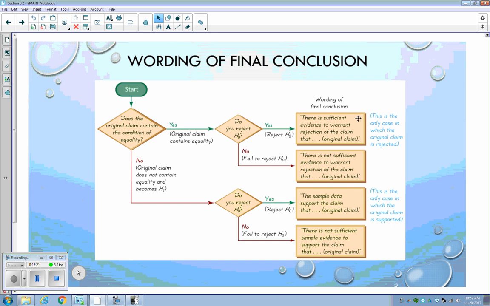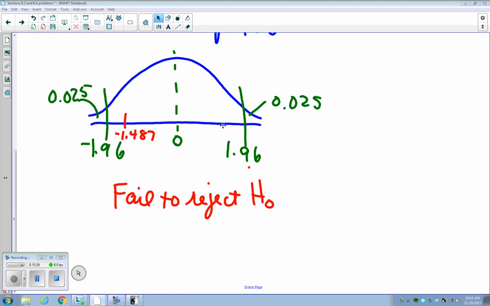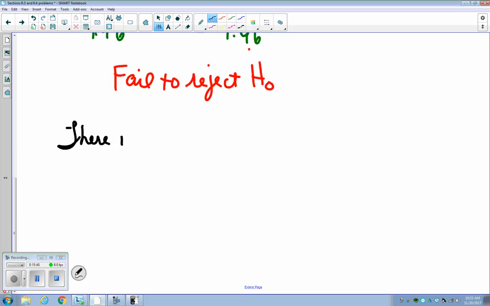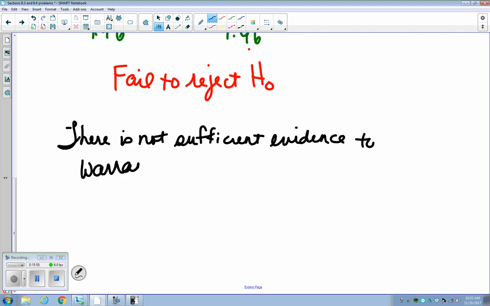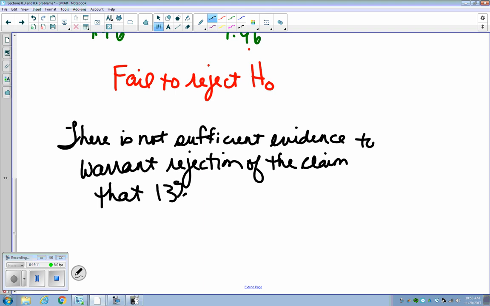Okay. Back to, since we failed to reject, we're going to state there is not sufficient evidence to warrant rejection of the claim that 13% of M&Ms are brown.